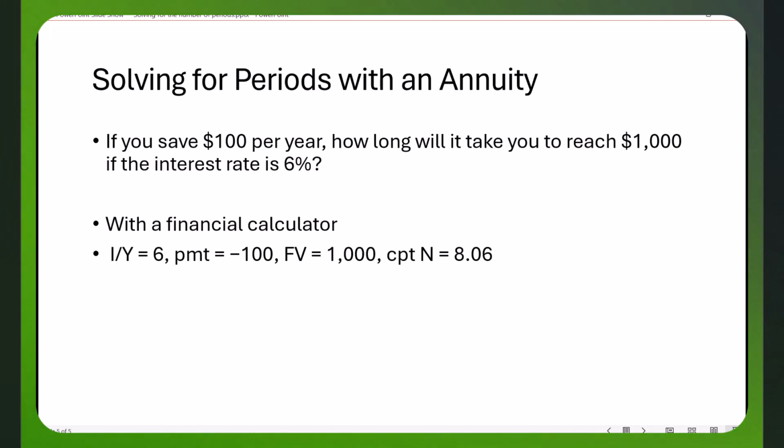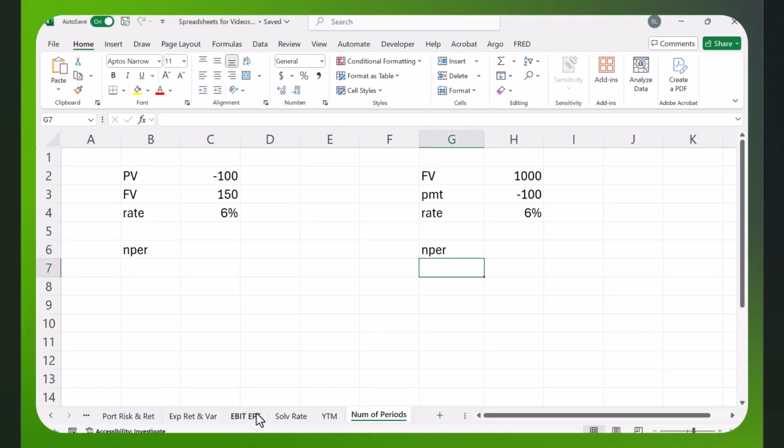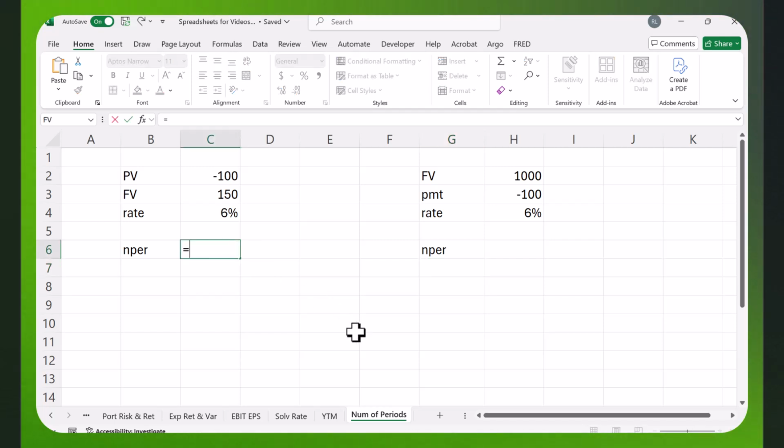Let's see how you do this in Excel. It's easy enough to do in Excel. Here I have the information that's given. In Excel, the interest rate is called rate, not R, and N is NPER, number of periods. We're going to use the NPER function, and it tells you what to put next.